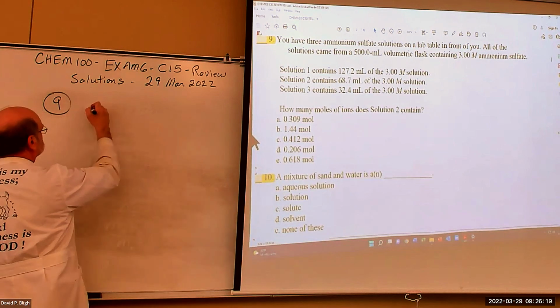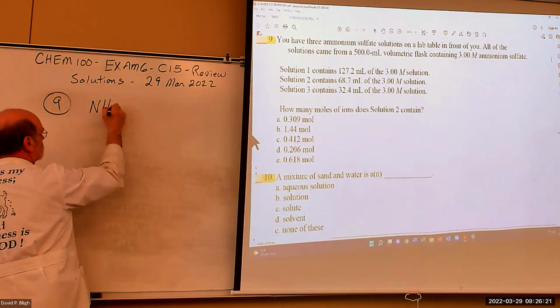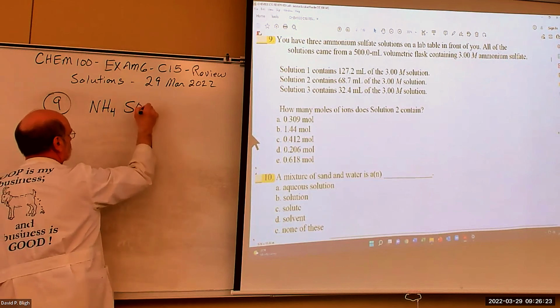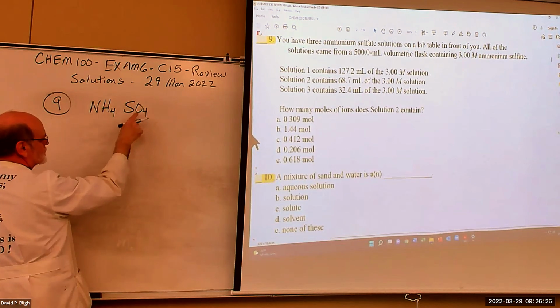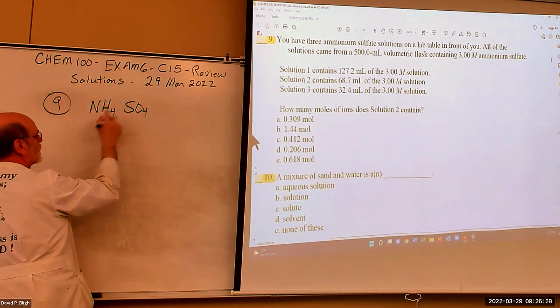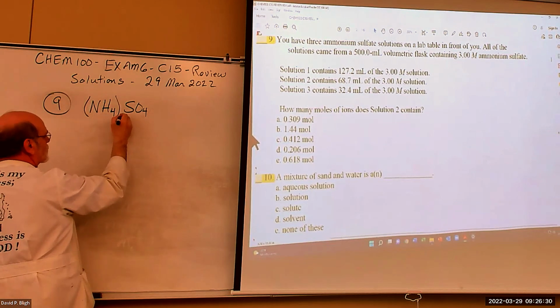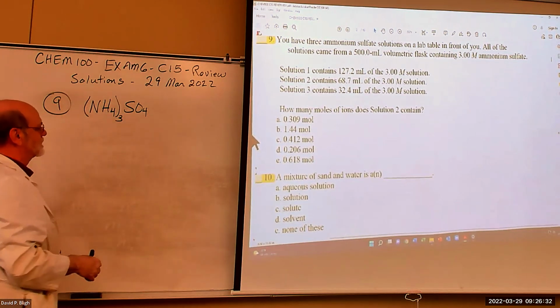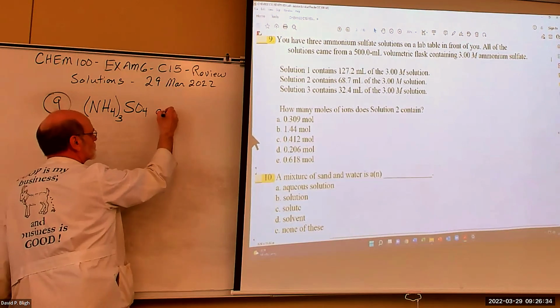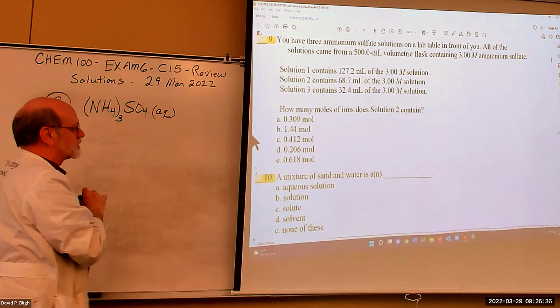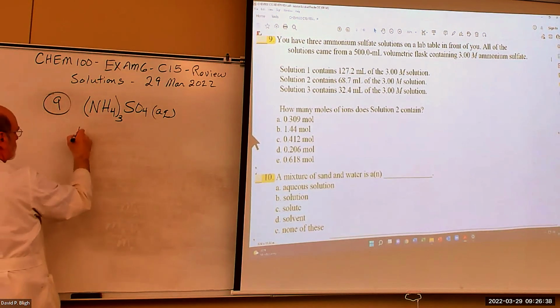Ammonium sulfate. This is a 3- charge. This is a 1+ charge. So that's 3. This is a solution. What concentration? 3 molar.